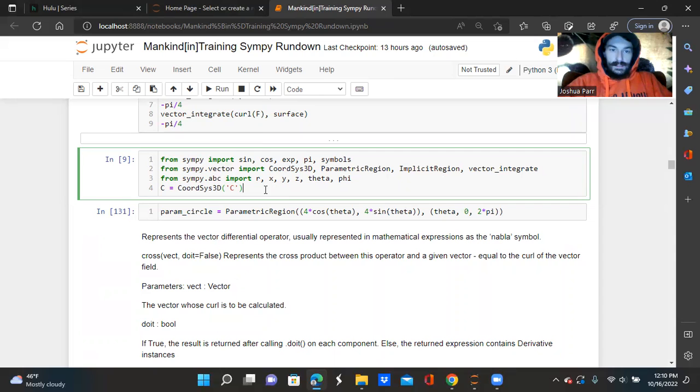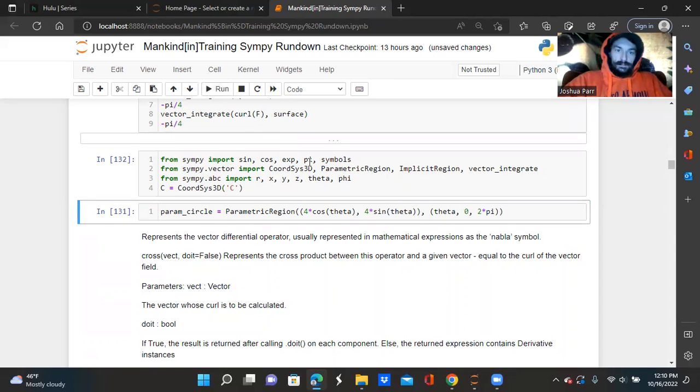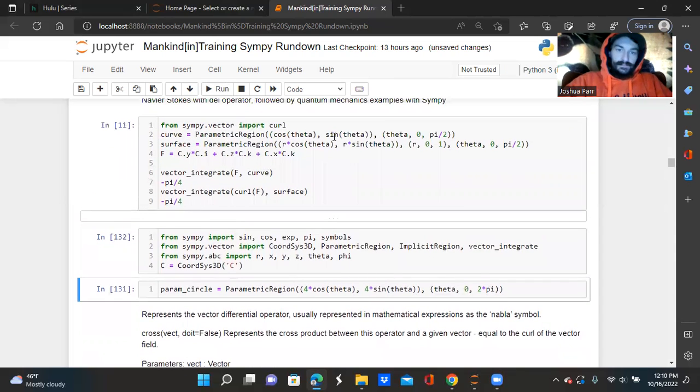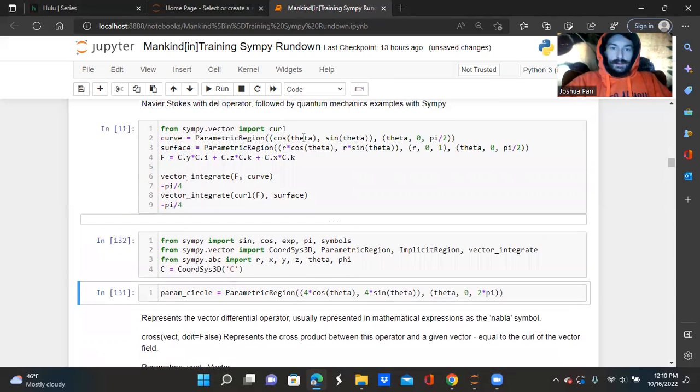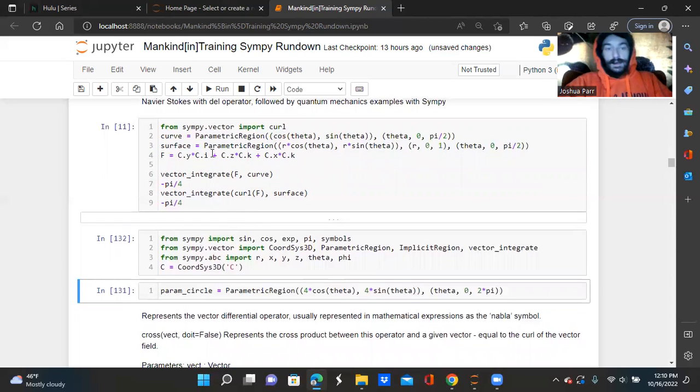And I'm creating a coordinate system and calling it C. Now, we are using the curl function to find the curve and the surface, the parametric regions here, and creating a variable f being the c times y, c times i, or ci, the dot is actually saying where the index is at.